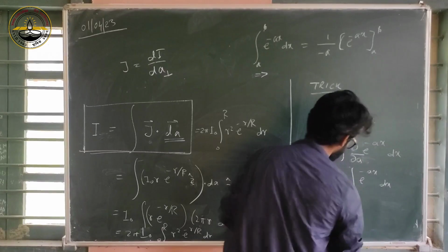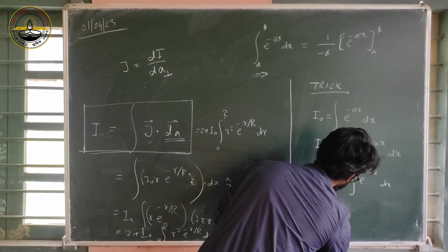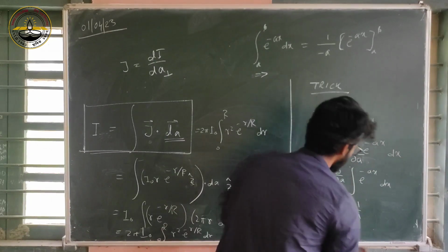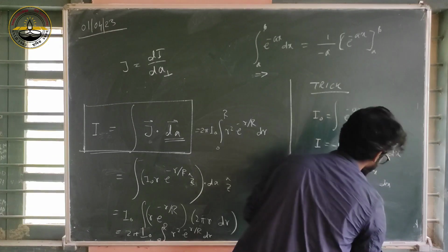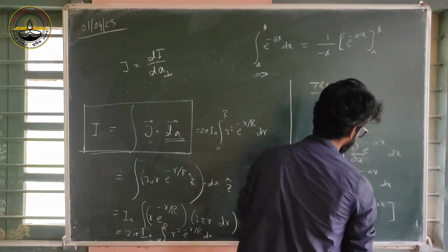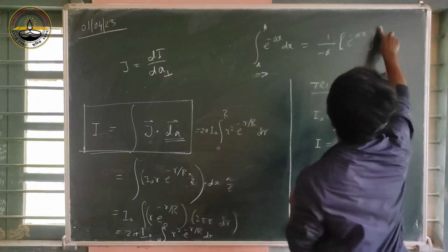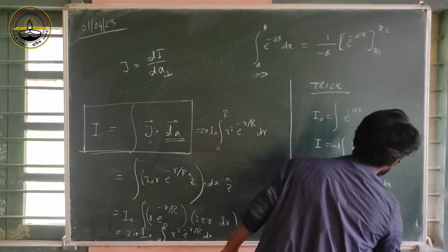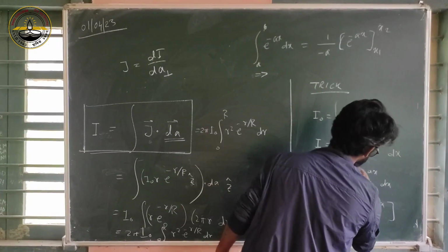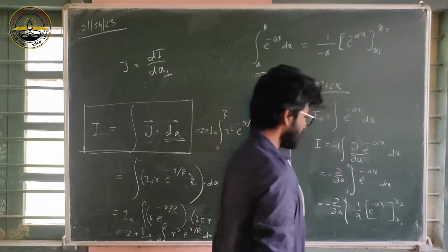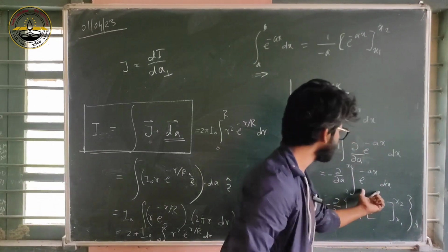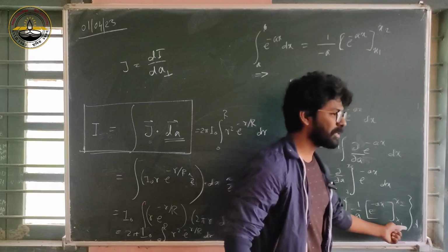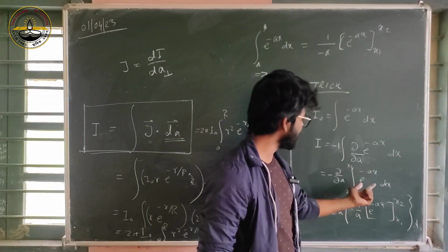So del del a of minus 1 over a, and then e to the power minus ax, from x1 to x2. I shouldn't have used a for the limits; x1 to x2 is better. The point is, you just do this integration, you get some result, and then take the derivative with respect to a, and that will be your answer for this integration.